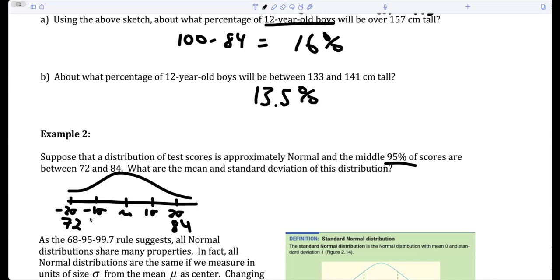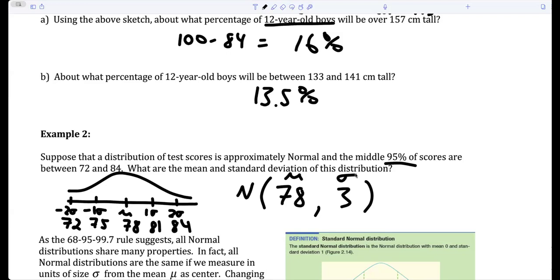And so that's going to make this 75, the mean would be 78, and this would be 81. So if I were writing this, I've got a normal distribution, the mean is 78, and standard deviation is 3. And then label it.